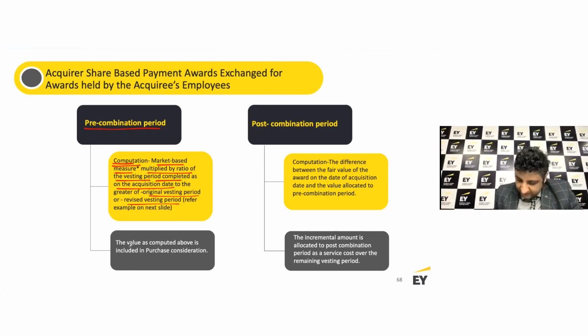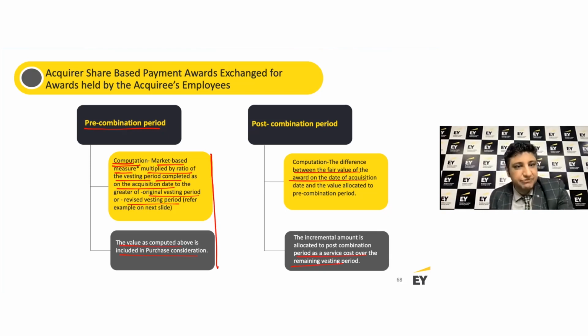Okay, so whatever calculation comes becomes a part of your purchase consideration. And whatever that value is, you reduce it from the fair value of the award, and that becomes a service cost to be recognized over the remaining vesting period, right?